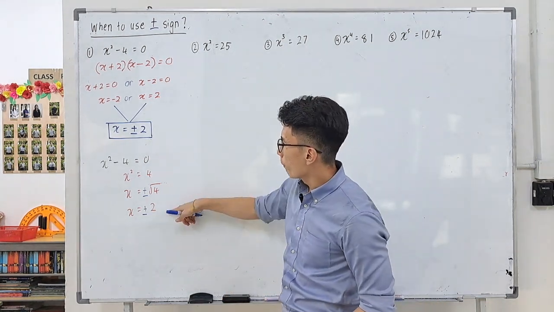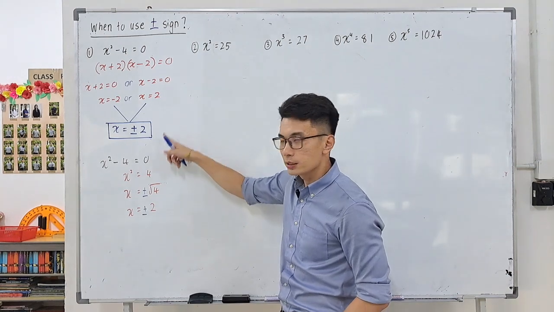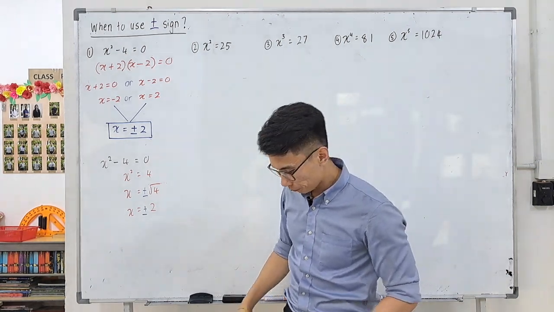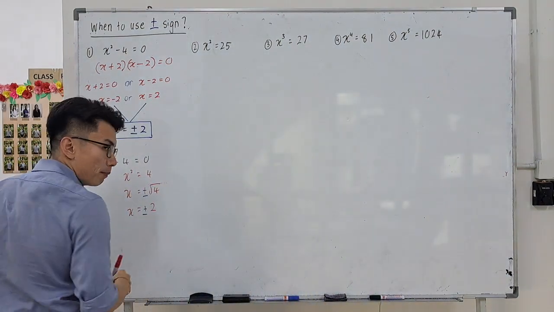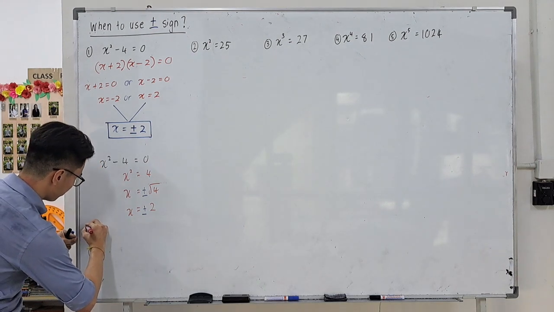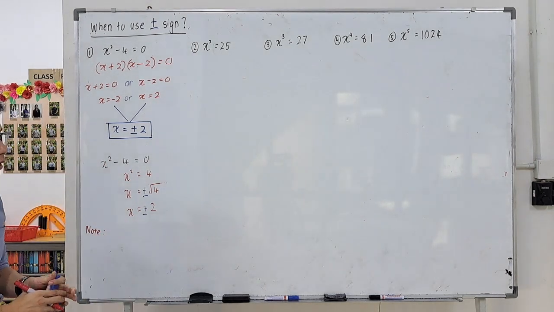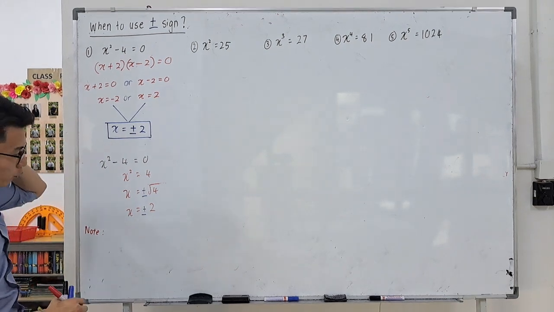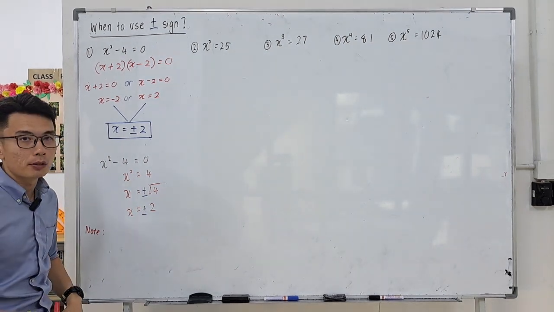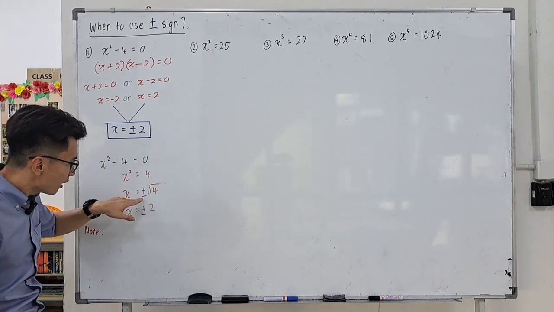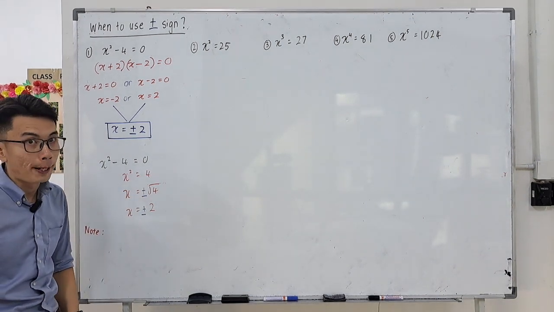Okay? So that will make the answers equal right now. With this, I can make a simple note over here: whenever I square root a number, I should add a plus minus sign over there.